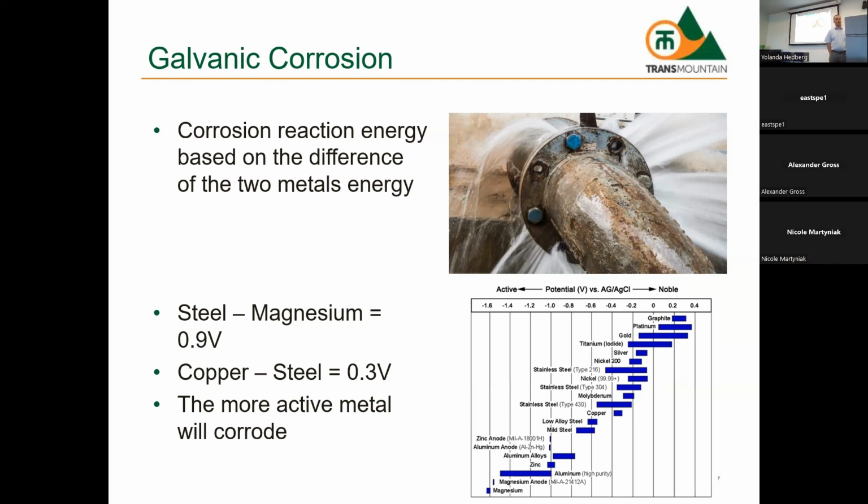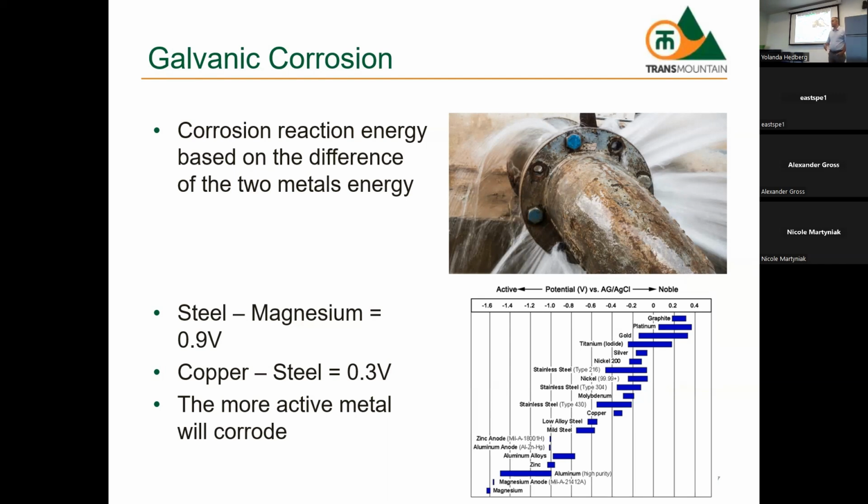When we're talking about galvanic corrosion and designing cathodic protection systems that are galvanic systems, we're limited on the galvanic series by the voltage, which is the energy potential difference between two different metals. Magnesium we use a lot as a galvanic anode in a CP system to protect steel.